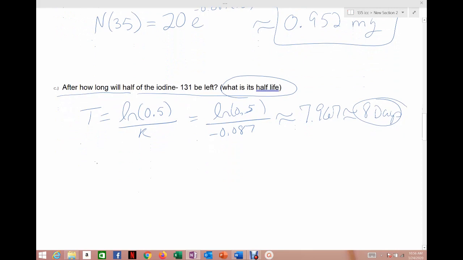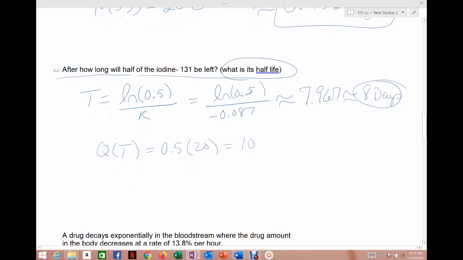If you forget that, you could always set it up. I know I'm looking for my quantity when I'm left with 1/2 of what I started with. So if I started with 20 milligrams, I'm going to be down to 10, and you use that to solve. So we get 10 equals 20e to the k times time, and you'd solve for time. 10 divided by 20 gives me 1/2, or 0.5, equals e to that growth constant times our time.